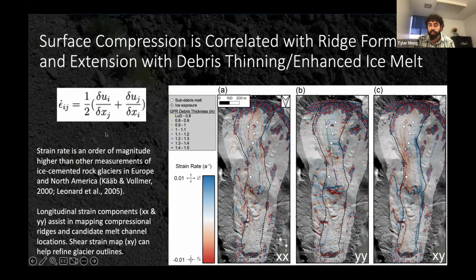So all you have to do is take the gradients of the velocity components with respect to the different horizontal directions. So this will give you these three tensor component plots with the XX longitudinal strain rate and then YY. And then this one on the right shows the shear strain.